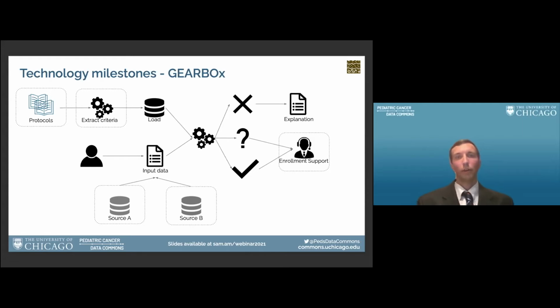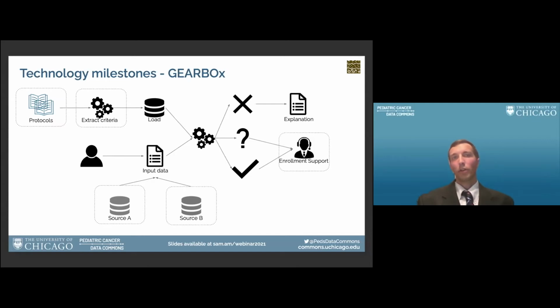We have an early prototype of a natural language processing approach to extract criteria from the protocols in order to make it more scalable, since it's very time consuming and you need a lot of skills to extract all those criteria. And we're adding non-LLS trials to the platform.